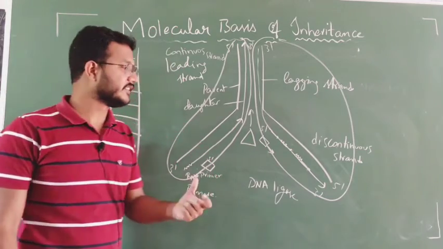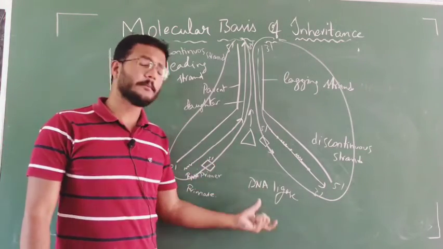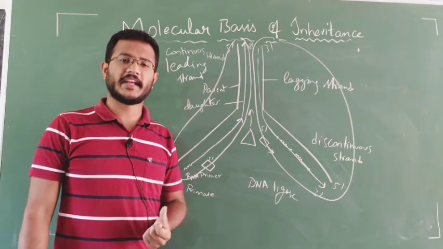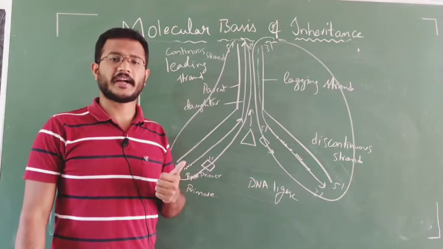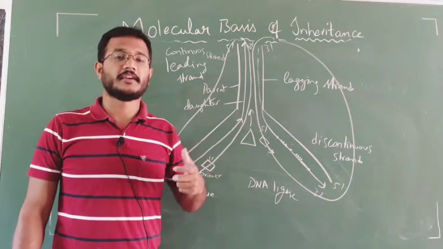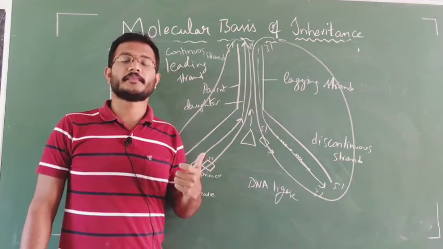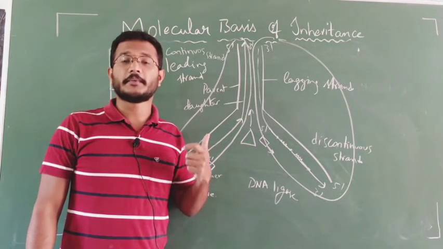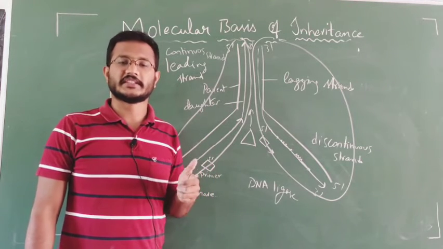Before the cell division, after the completion of this, the proofreading mechanism will take place. In that mechanism, the cell machinery checks whether any mistake is there in the replication process or not. If a mistake is there, that will lead to mutations.